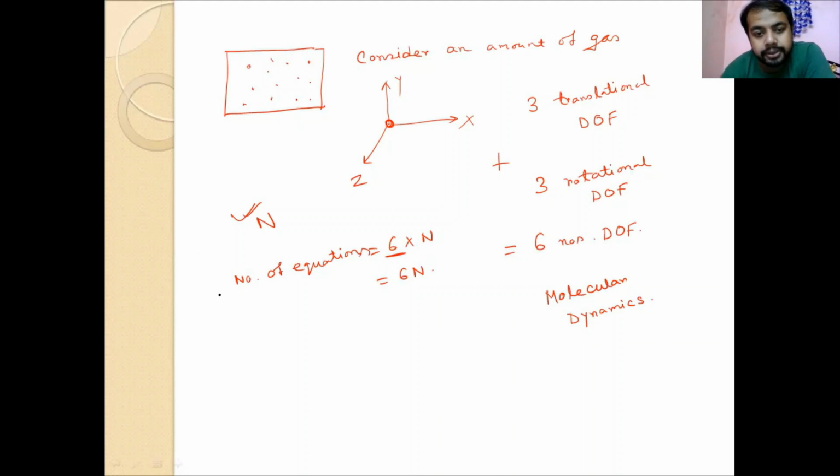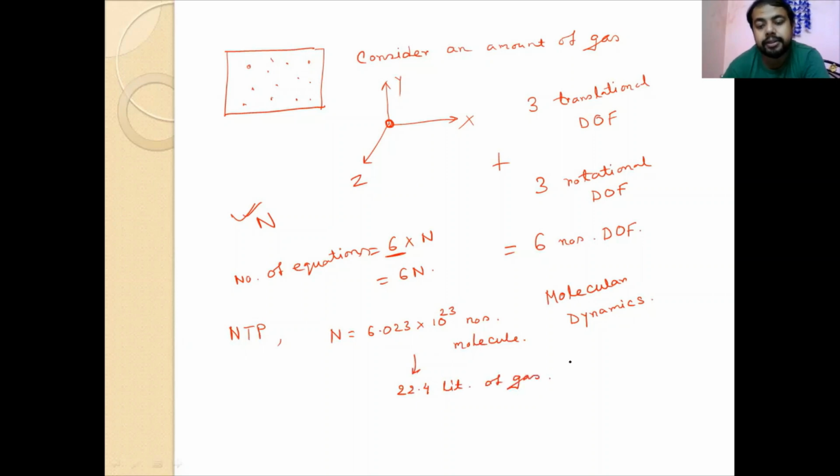Now, from Avogadro's hypothesis, we know that at normal temperature and pressure, that is at NTP, a mole of gas contains nearly 6.023 into 10 to the power 23 molecules. Similarly, at NTP, a mole is nothing but 22.4 liters of ideal gas we are considering.